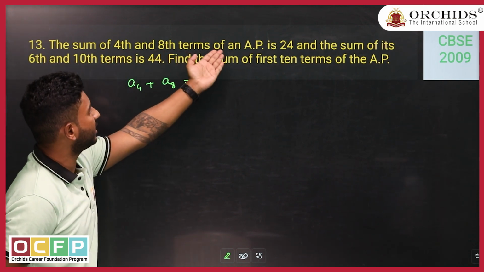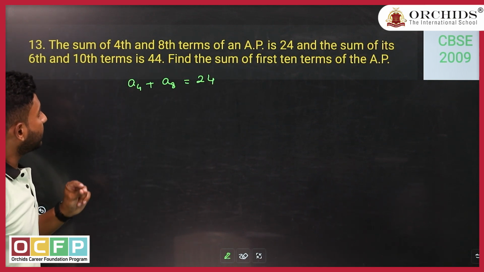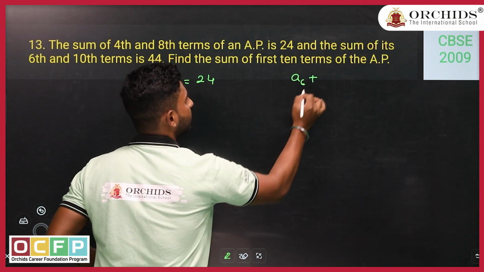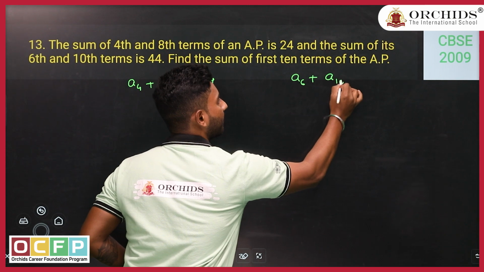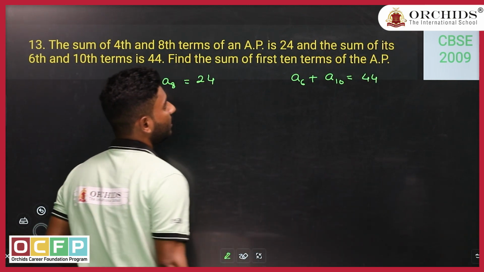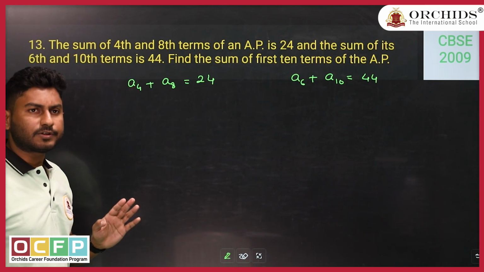Sum of the 4th and 8th term of an AP is 24. Written 24. Fine. And the sum of the 6th term and the 10th term, A6 plus A10, is equal to how much? 44. Find the sum of the first 10 terms. Forget about the first 10 terms.